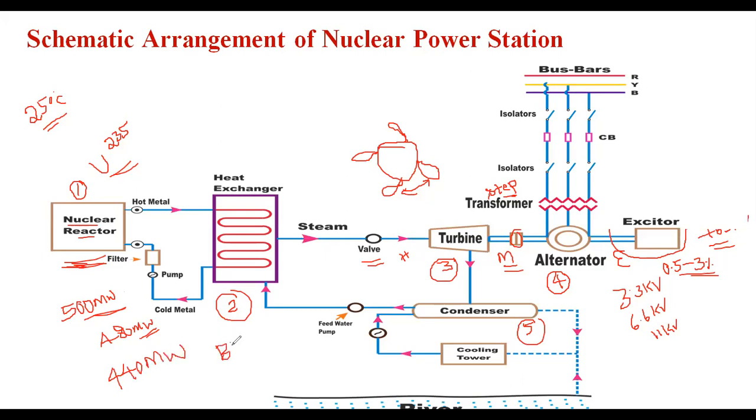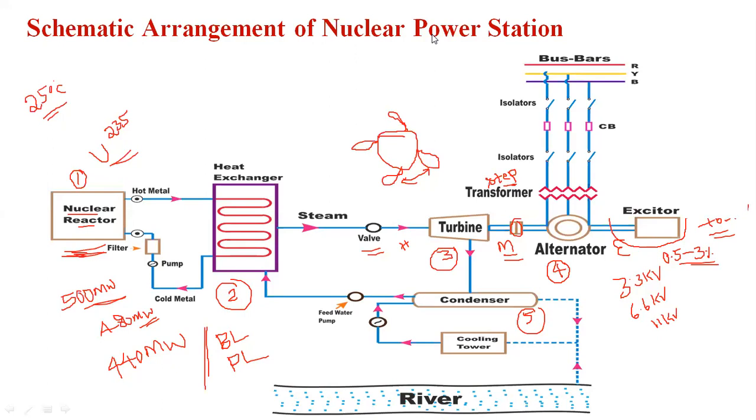One is the base load, another is the peak load. Base load means the demand is there for 24 hours in a day, and in a year, 365 days, the demand is maintained constant. Peak load means that within a short interval of time, either half an hour or 1 hour, the load increases suddenly, and after that it comes back to the actual position.